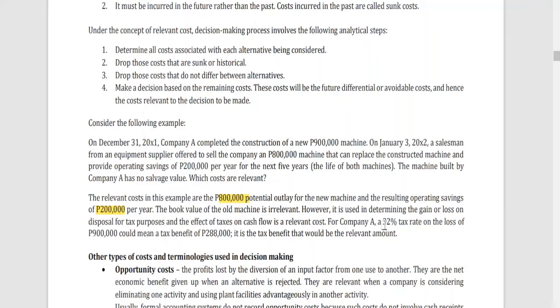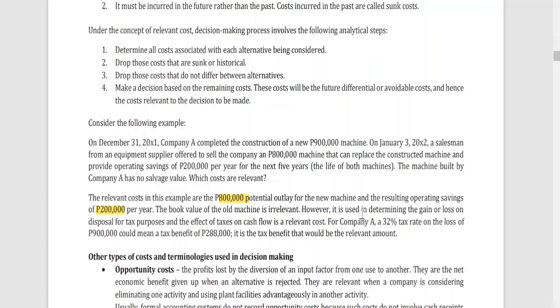However, the old machine here is irrelevant. So, diba, I explained earlier nga it is already there. Whether you are going to buy the new machine or not, you already bought the 900,000 machine; it already exists.